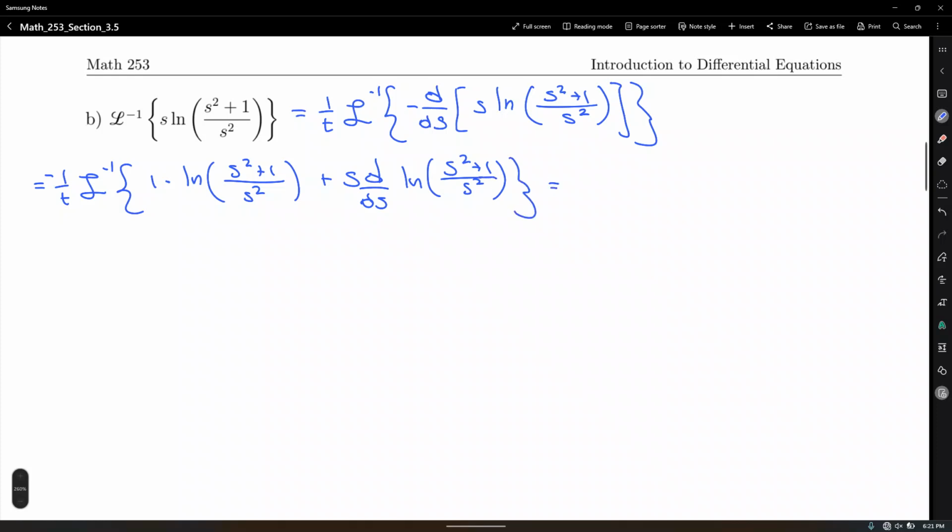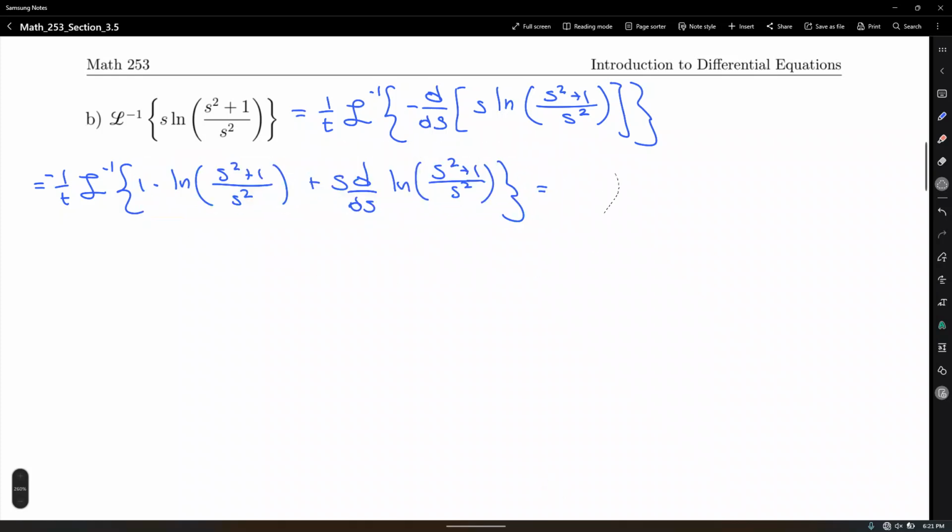Okay, what are we going to do now? Well, let me keep making more room. So, ln of s squared plus 1 over s squared. Well, we're not done yet. Hold on. How about before differentiating this, we use properties of logarithms.